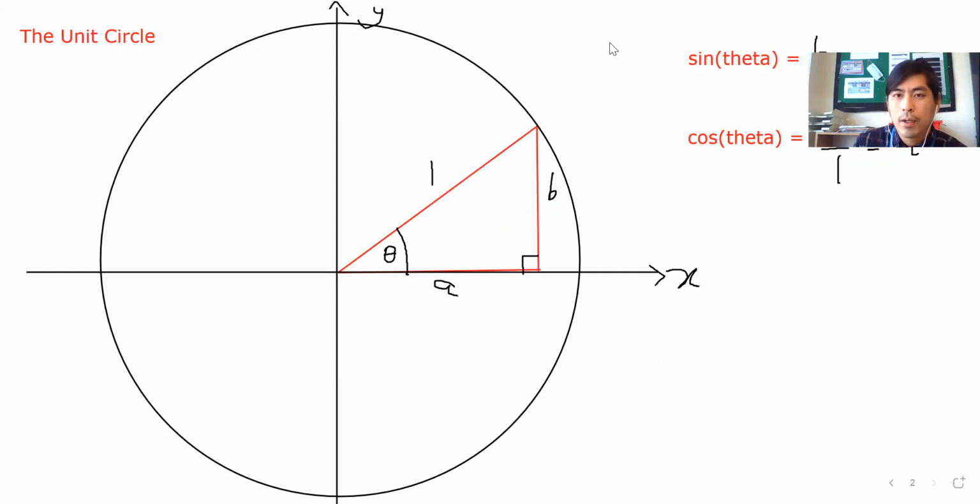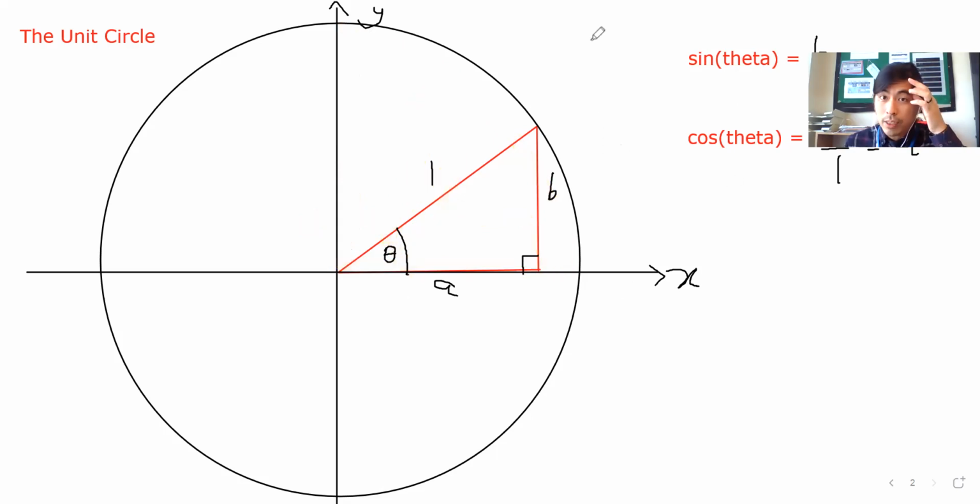Now, why do they draw this triangle in a circle? Because I only know trigonometry with triangles that have an angle between 0 and 90 degrees, right? So I'm working in this quadrant here. If I make theta bigger than 90, I'm going to end up in this quadrant.